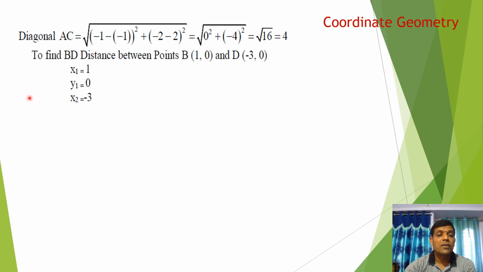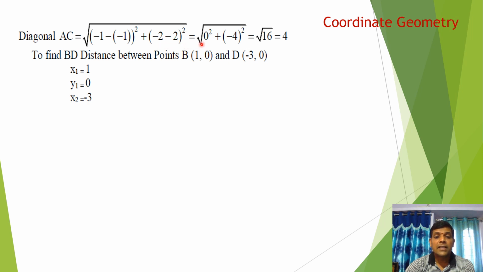Now distance between A and C is equal to minus 1 minus of minus 1 whole square plus minus 2 whole square. This is written as root over minus 1 into minus, plus 1. Minus 1 plus 1 we get 0 square, plus minus 2 minus 2 we get minus 4 square.